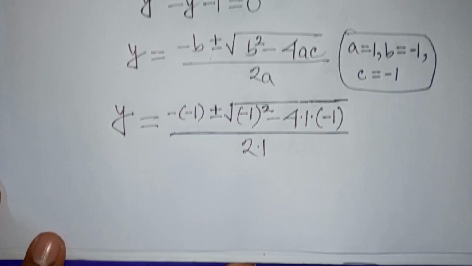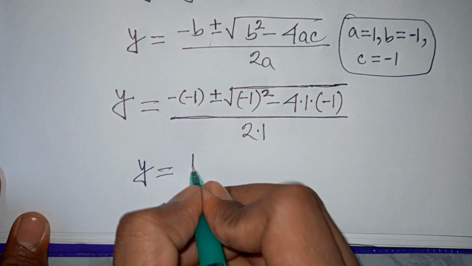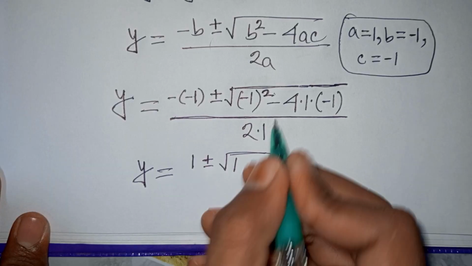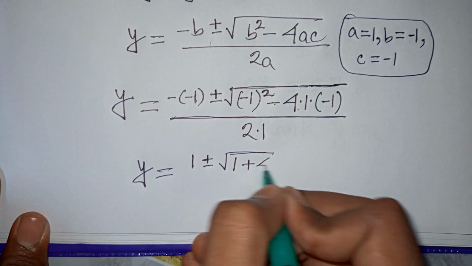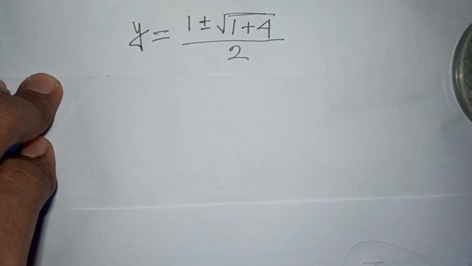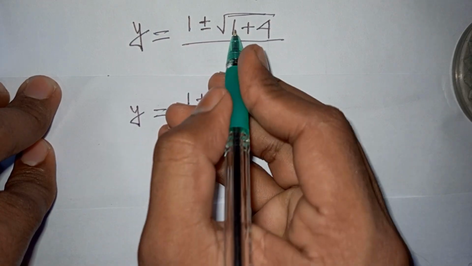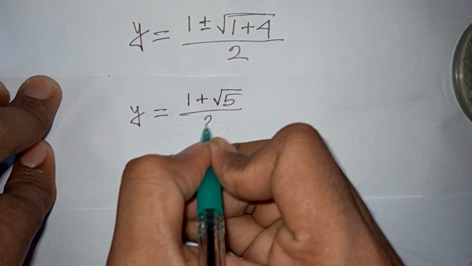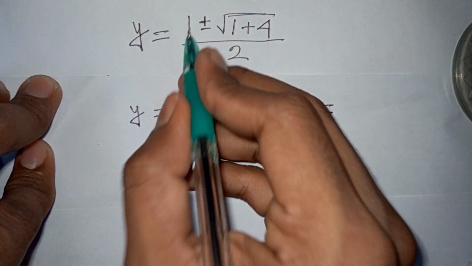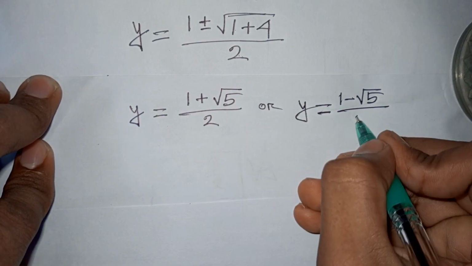In the next step y is equal to positive 1 plus or minus square root of 1 plus 4, divided by 2 times 1, that means 2. In the next step y is equal to 1 plus square root of 5 divided by 2, or y is equal to 1 minus square root of 5 divided by 2.